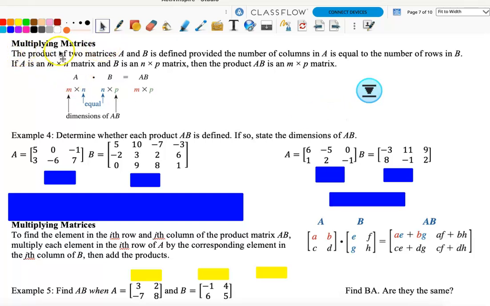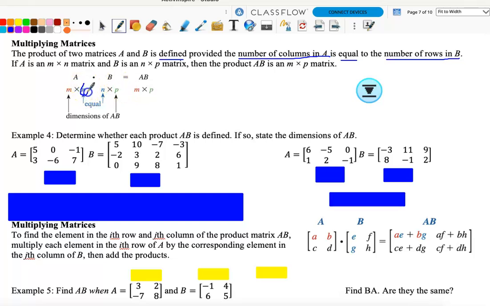So when you're multiplying, the product of two matrices is defined, meaning you can multiply it, if the number of columns in A equals the number of rows in B. So what that means is if you have some matrix A times some matrix B, it has dimensions, let's say m by n, and then matrix B has to have some dimension n by p.